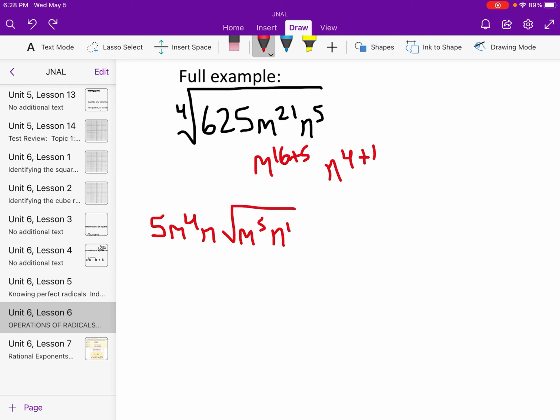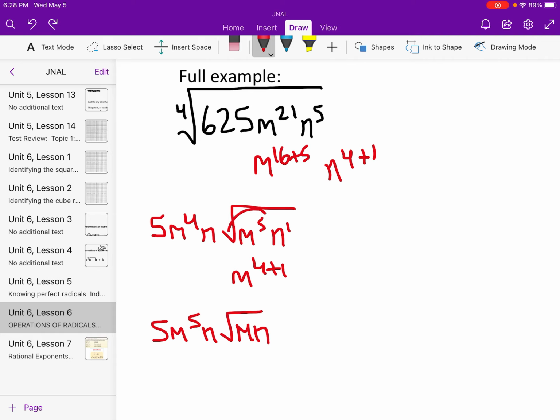We further can make this m 4 and 1, and then we have another m out, which would mean m to the 5th, actually. And then we have mn in here. What I could have done instead of 16 plus 5 is 20 plus 1. I wasn't thinking of the most possible thing.